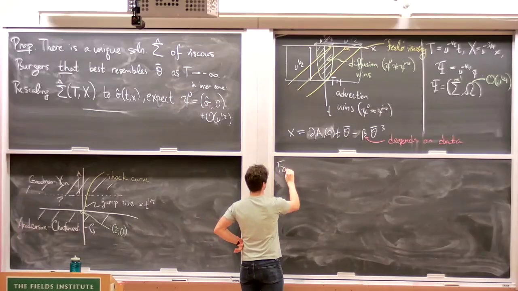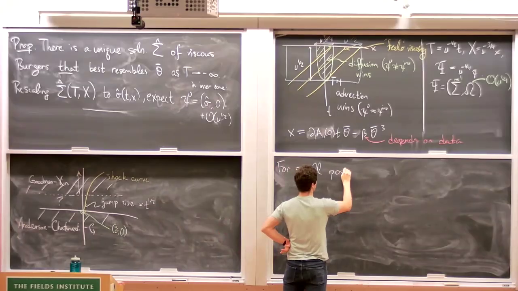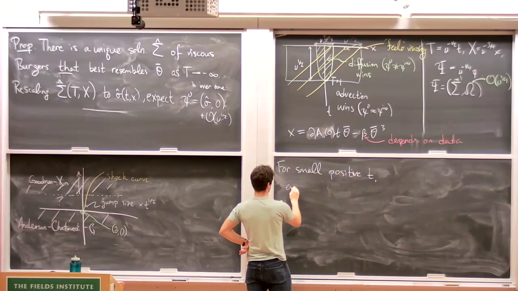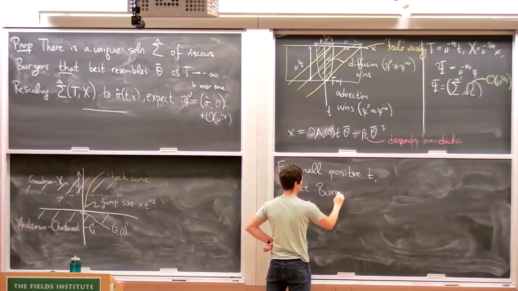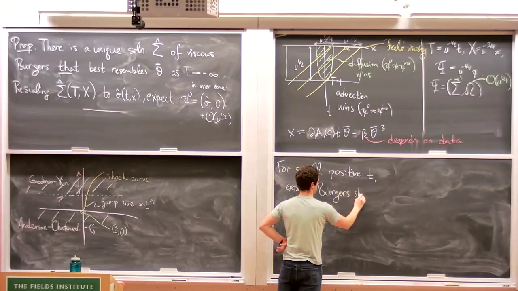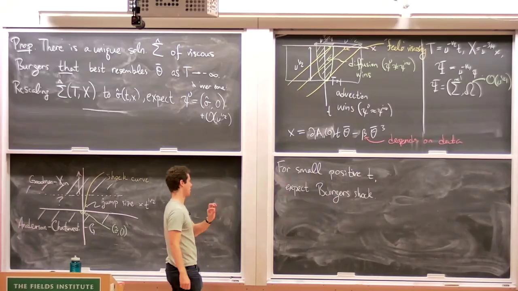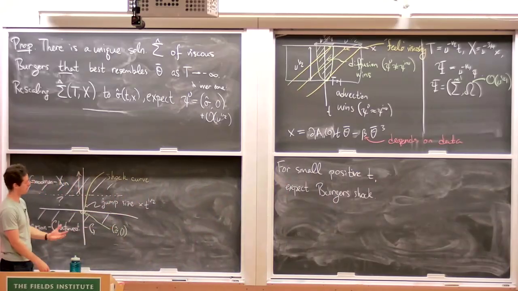So for small positive t, we expect a Burgers kind of shock to be born here with the same characteristic size, I think t to the 1/2.